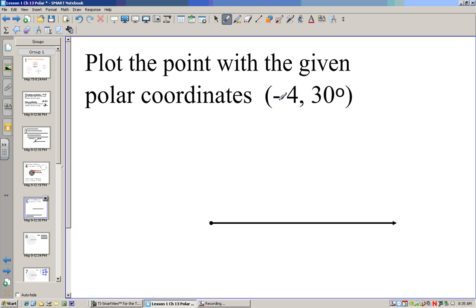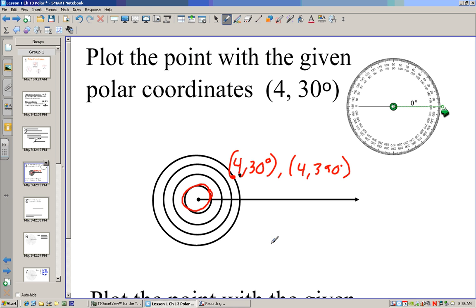Now if we add in some negatives, negative 4, 30 means we have our, I'll do that back on this. So if I do (-4, 30°), here's my 30 degrees, and instead of going this way 4, I go in the exact opposite direction. So 1, 2, 3, 4 out here is going to be (-4, 30°).